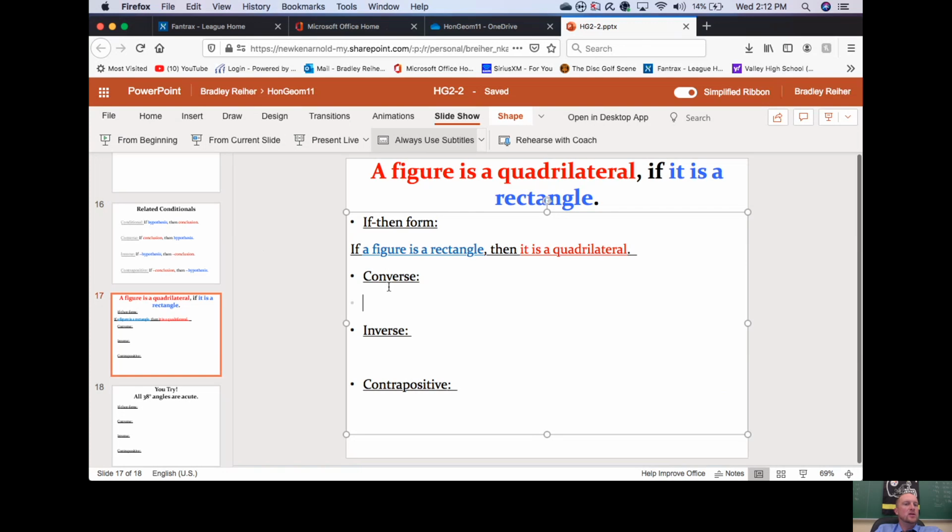Okay, now the next thing we need to do is write a converse. So we need to say if red words, then blue words. So if a figure is a quadrilateral, those are my red words, then blue words, it is a rectangle.